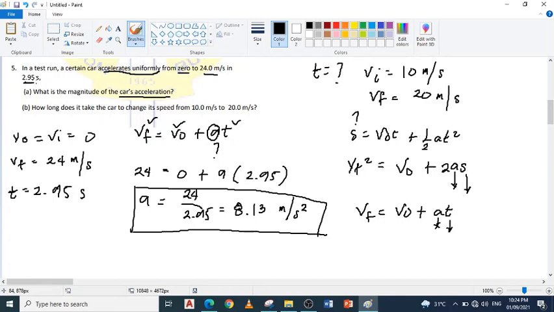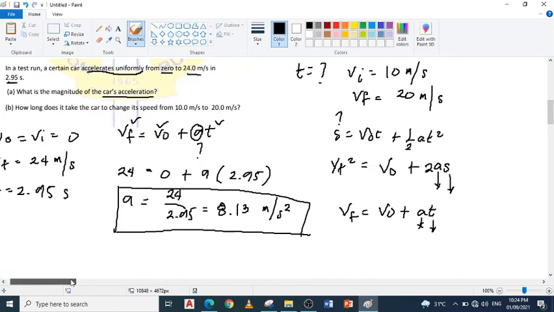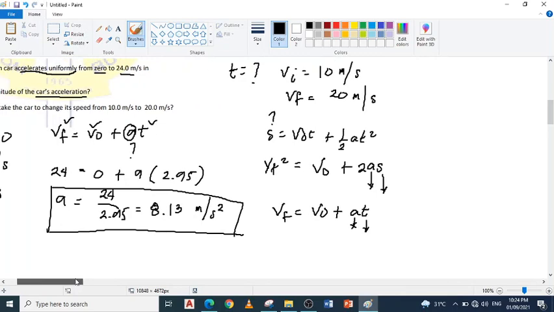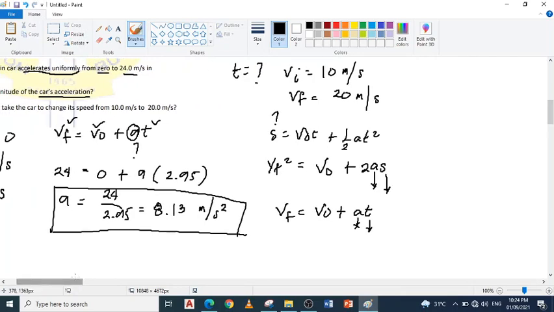How can you solve this one? Let's try to find a way to solve it. The distance is given, so let's find a way to solve for the distance traveled.